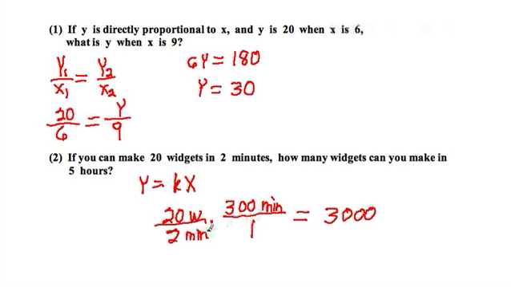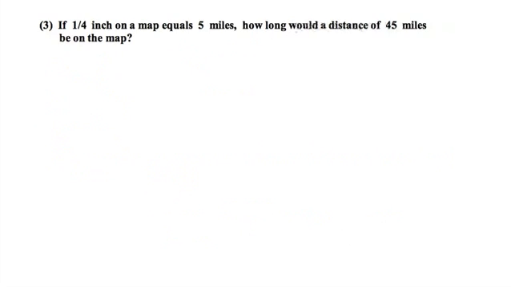And the units are widgets, because if you've studied dimensional analysis, those cancel out like you cancel fractions. So we're left with 3,000 widgets.